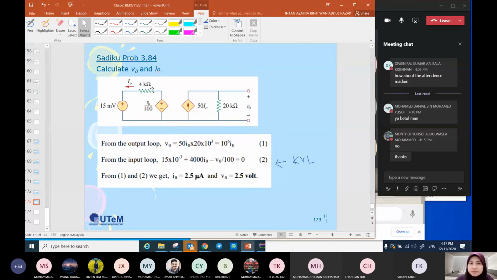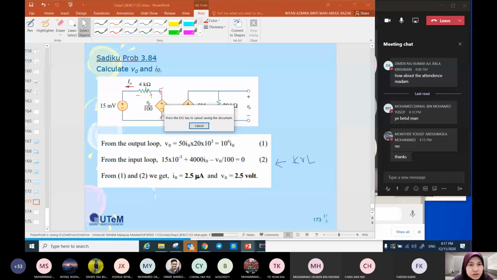Why plus? Because the current flows like this, so this is the notation of V at 4k. That's why plus 4000 I0 is equal to 0.